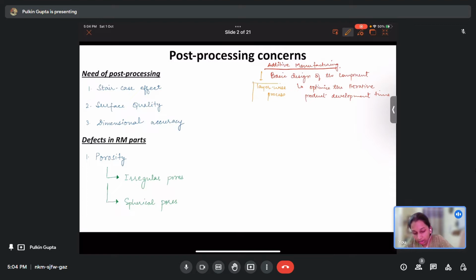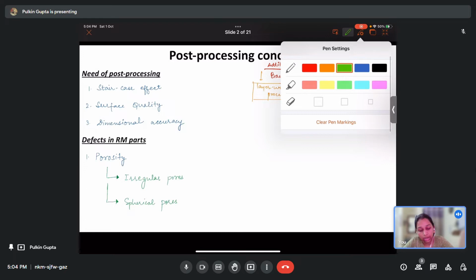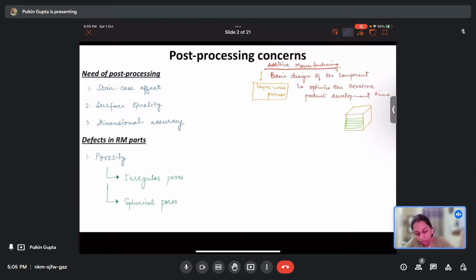Whenever you go on to print a geometry, say a cube, it will always be discretized into a number of layers. Now, when the sides are not straight or vertical, instead they are inclined at an angle, suppose this is your geometry, a kind of parallelepiped.